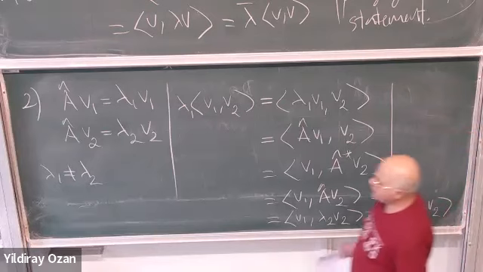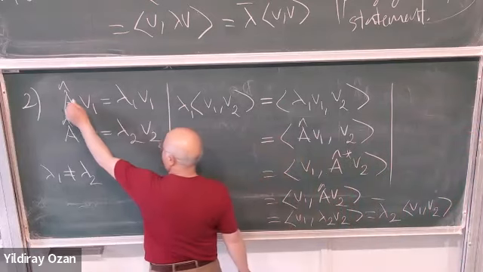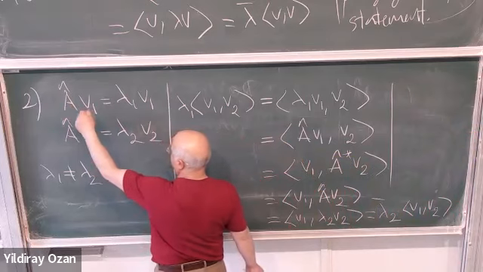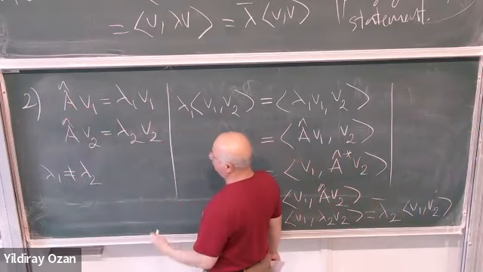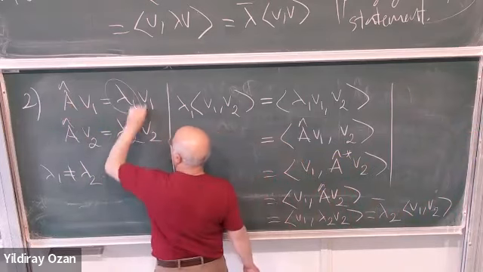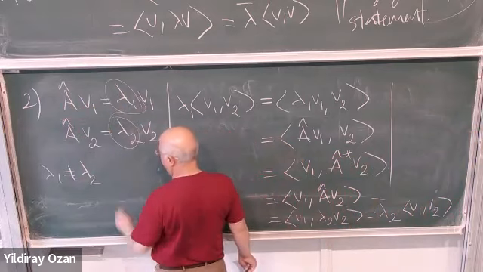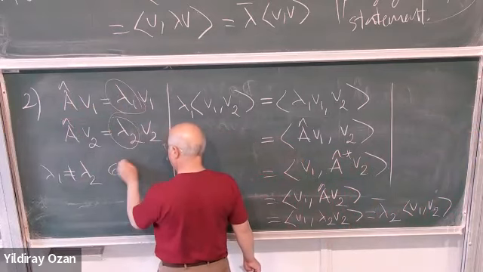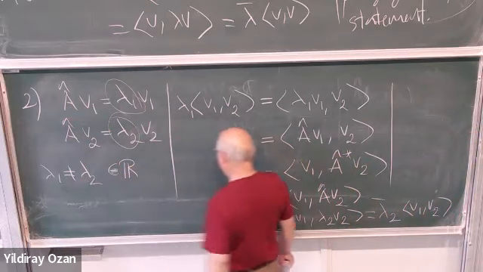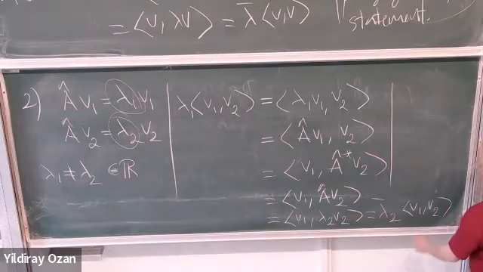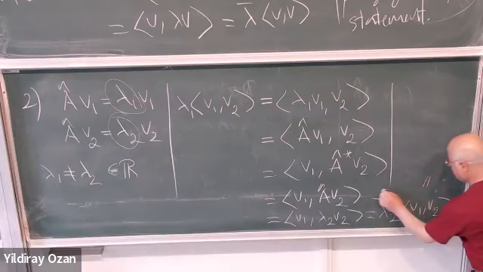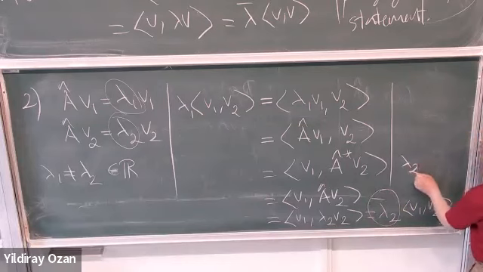However, I know that since this operator is Hermitian, these eigenvalues are real numbers. Both of them are real. Therefore, this lambda 2 bar is just lambda 2 times V1, V2.